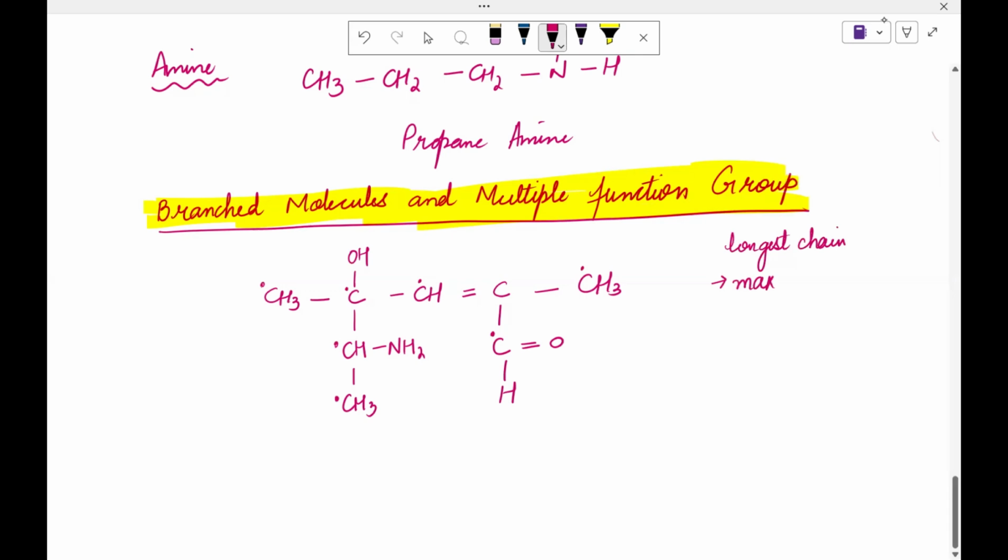Second, we need to find the chain which has the maximum carbon double bonds or carbon triple bonds. Third, we have to find out which one has the maximum suffix functional group. So these are basically the requirements.